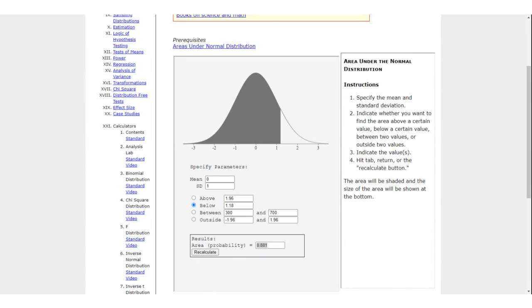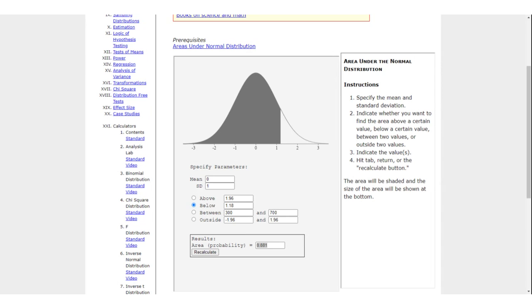All right. Now, if we want to find the area over here, then we've got to use the complement rule. I'm just going to type that out. And this is what they call a z-score.